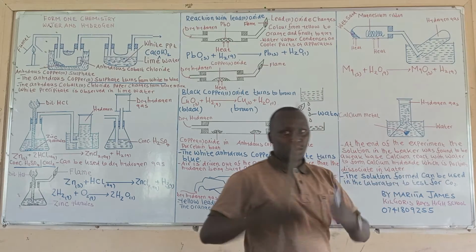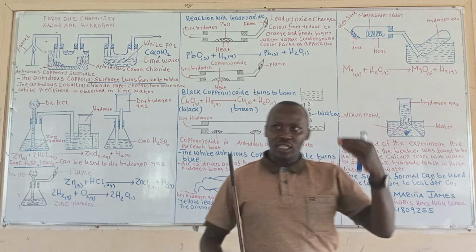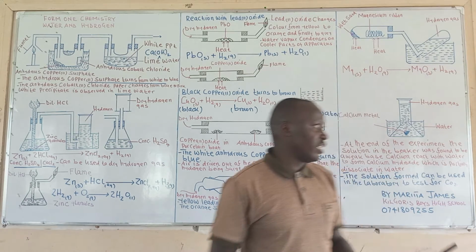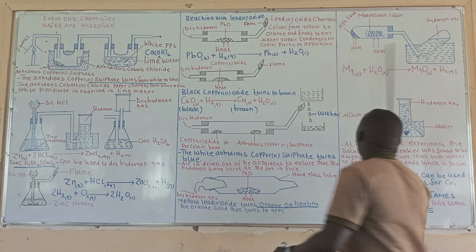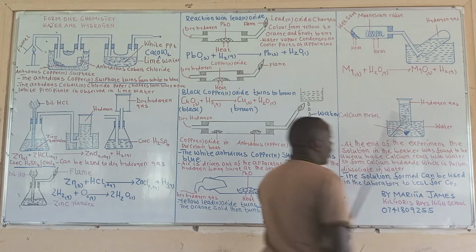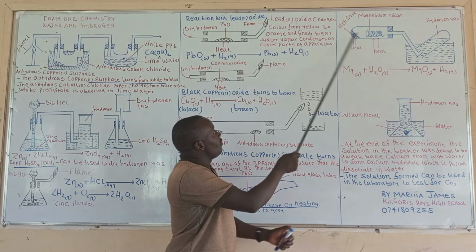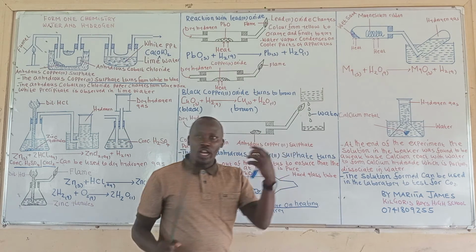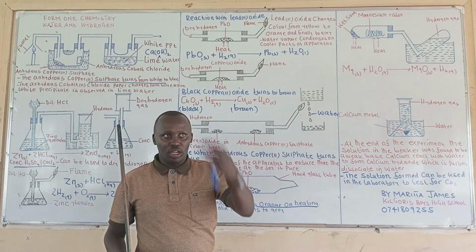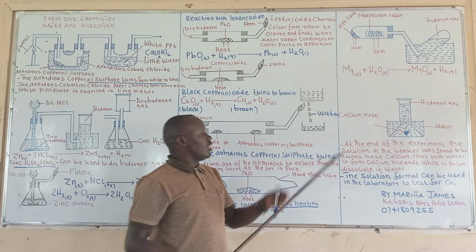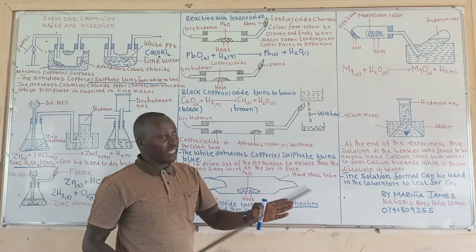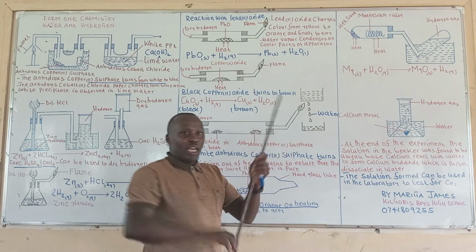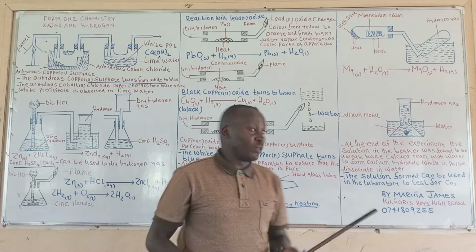They do not react with cold water, and normally they react with the steam to produce hydrogen gas. From this diagram, first of all, we have wet sand. If you cannot use wet sand here, you can use soft cotton wool. So with the wet sand or soft cotton wool, you will then have a coiled magnesium ribbon.